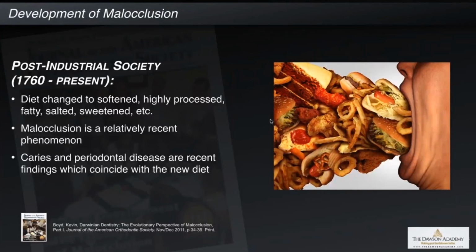Not only that, but caries and periodontal disease are recent findings which coincide with the new diet. So since post-industrial, when diet changed to more sugars and more processed food, we lost that forceful chewing. We have been on a downhill spiral as far as dental health goes.